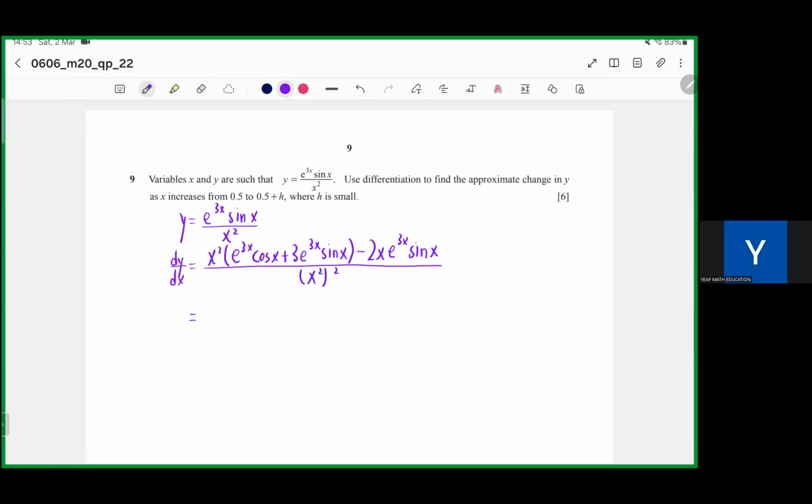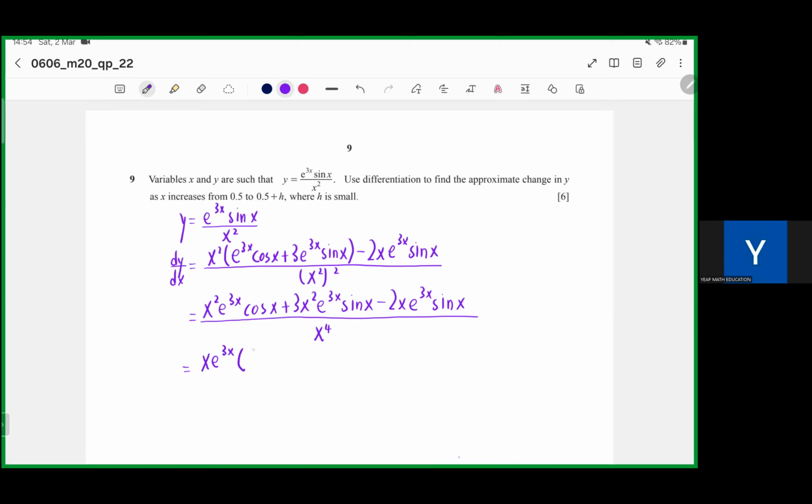Now we let this equation be in factorized form. Now we arrange first. We can factorize x e^(3x).